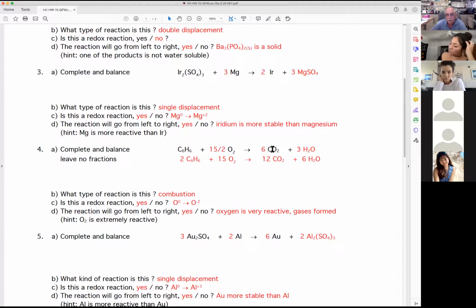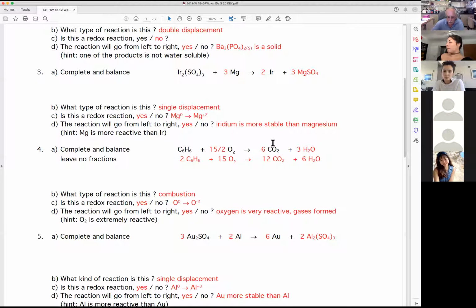Now I come over to carbon dioxide. Which one is going to get positive and which one is going to get negative in carbon dioxide? Carbon will get positive. Oxygen is by far the most electronegative, right? So it's going to get negative. That means that carbon has to be positive.